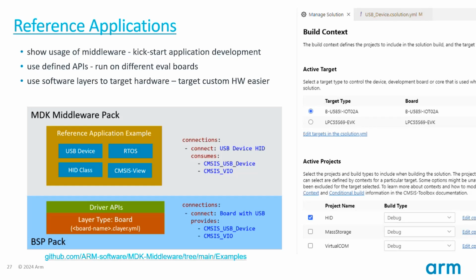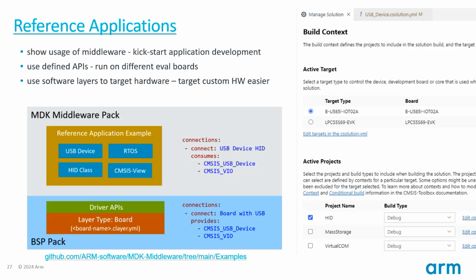These reference applications are usually used to kickstart application development when using middleware. They use these defined APIs, which help you to run on different evaluation boards. And it uses so-called software layers to target the hardware.